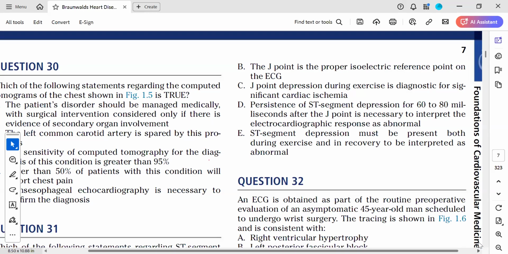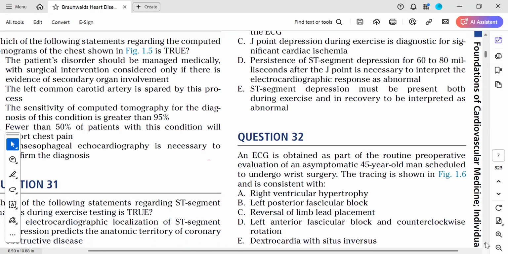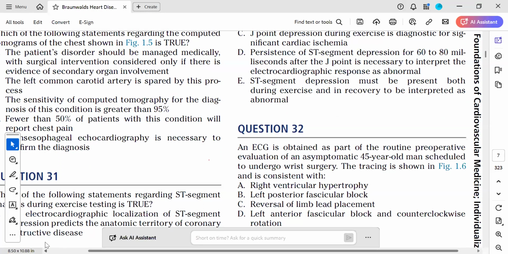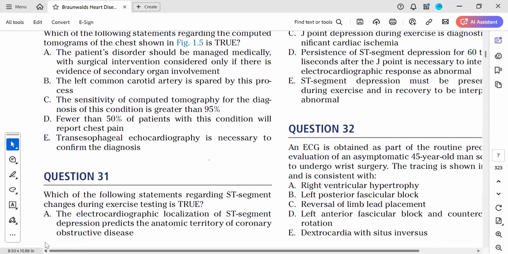So basically for the stress ECG, what we use for diagnosis is the ST segment depression. And of course, we expect the ST segment depression that connotes a positive test to be horizontal or downsloping in configuration. The first option is telling us that the localization of ST segment depression predicts the anatomical territory of coronary obstructive disease.